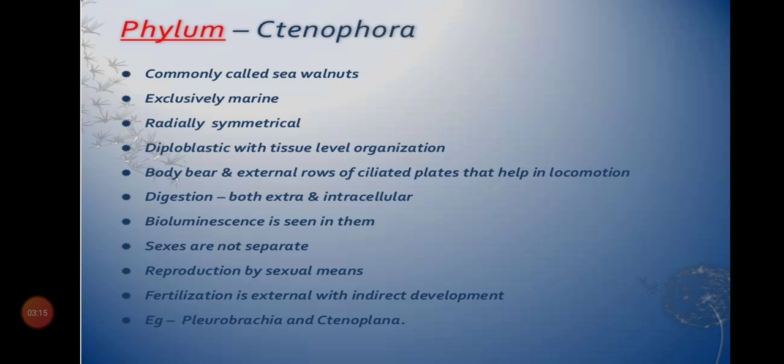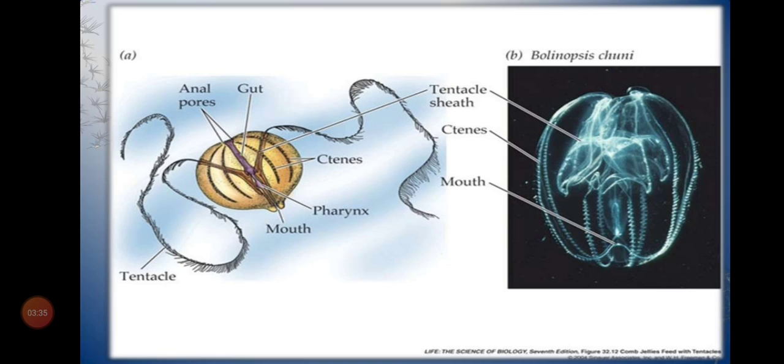Comb plates can be seen externally, and also tentacle-like ciliated structures. Fertilization is external with indirect development, and reproduction takes place only by sexual means in Ctenophora. These are some important characteristics.